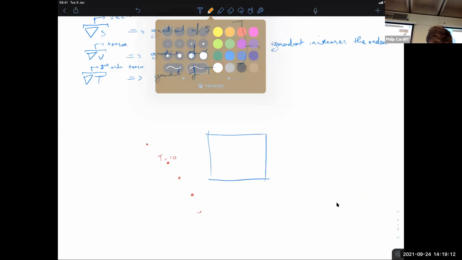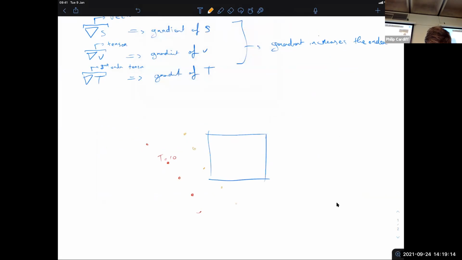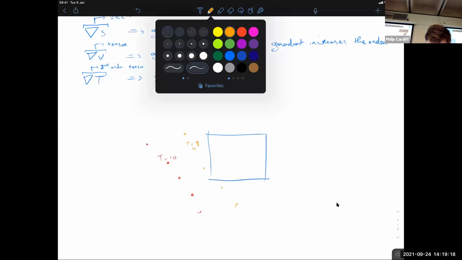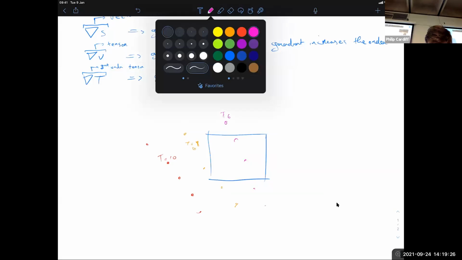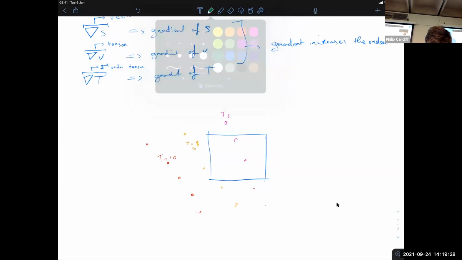And it starts cooling down. In this direction, it's only 8 degrees. Maybe over here it's 6 degrees. And I'm just picking random points and just defining some temperatures. 4 degrees.